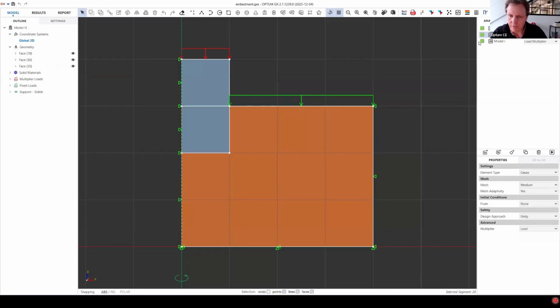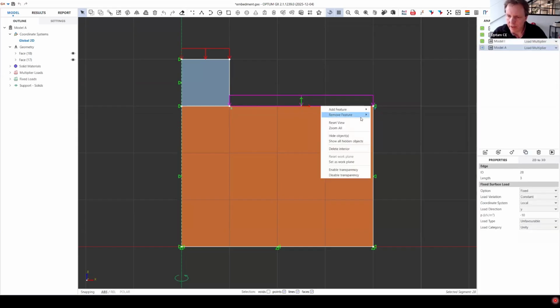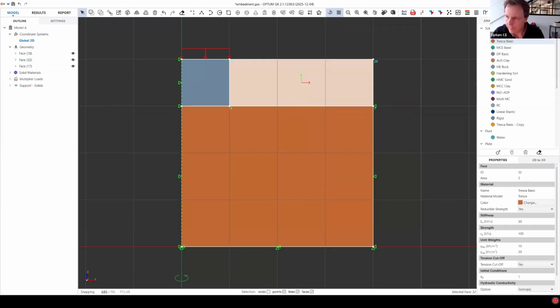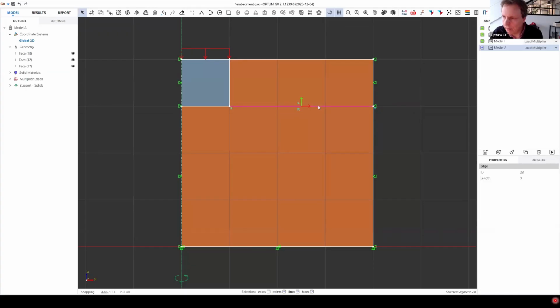So let's say that we have this model here. This is our actual physical model.